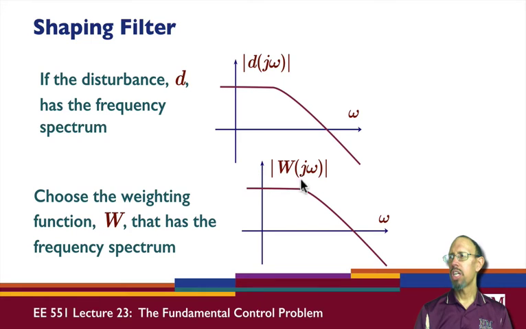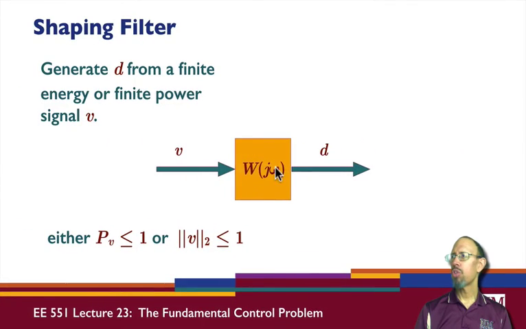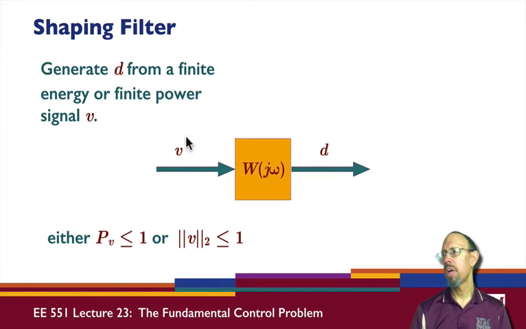What W allows us to do is consider a number of different Ds, and we'll come back and see this later in some cases. It allows us to evaluate a number of different Ds and use the same weighting function. If we treat D this way, I have some finite energy or finite power signal V that enters a filter of frequency response W, and that gives us our disturbance. In other words, our disturbance can be generated this way.